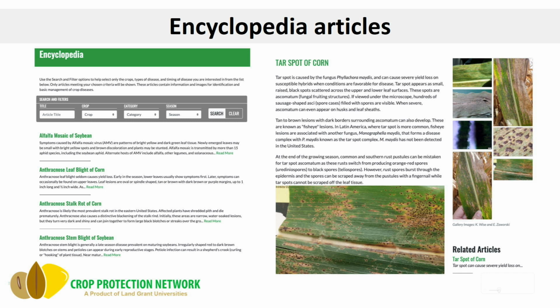There are different filters. You can click on the crop, the different options, and also the different times of year that these symptoms might show up, or you can just search. With that gray box filter that you see there, you should be able to narrow down and look at the different encyclopedia articles that we have written. Most of them right now are corn, soybean, or wheat related.